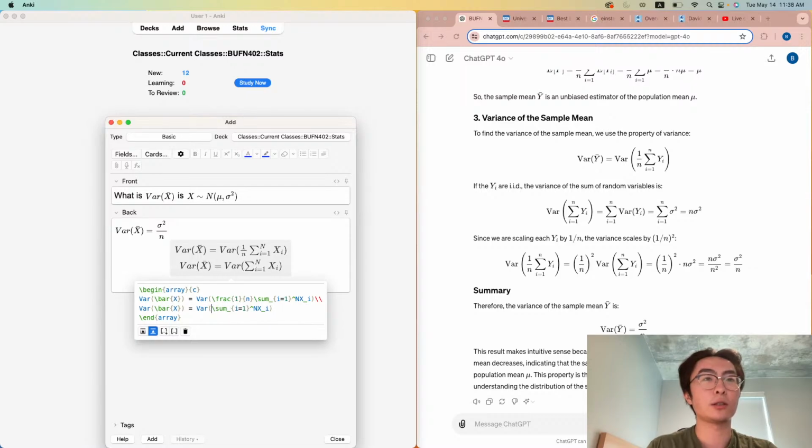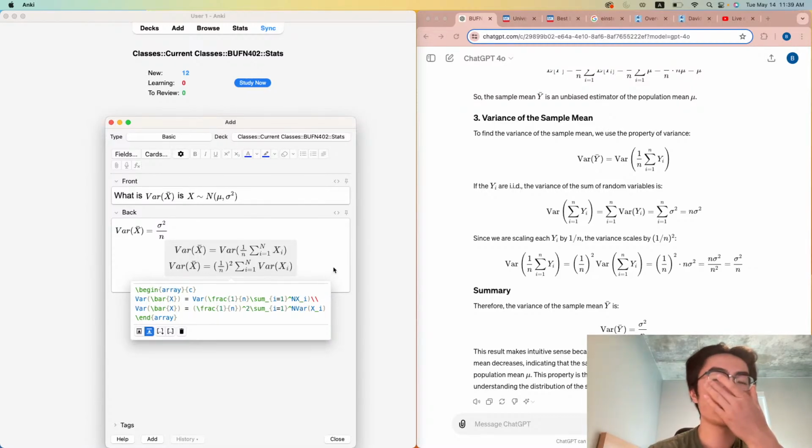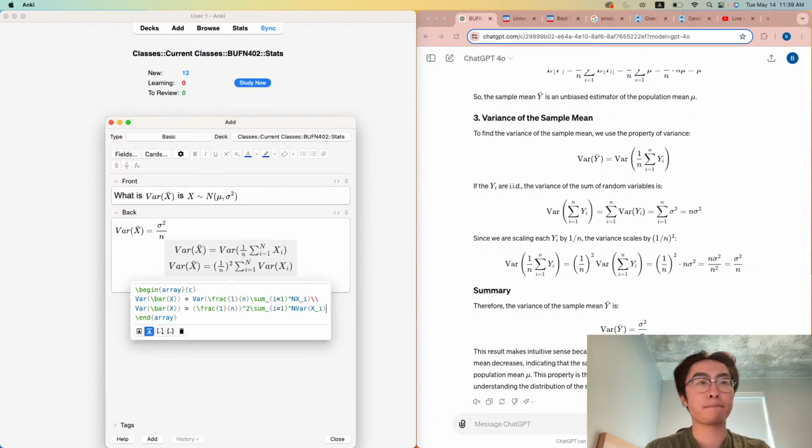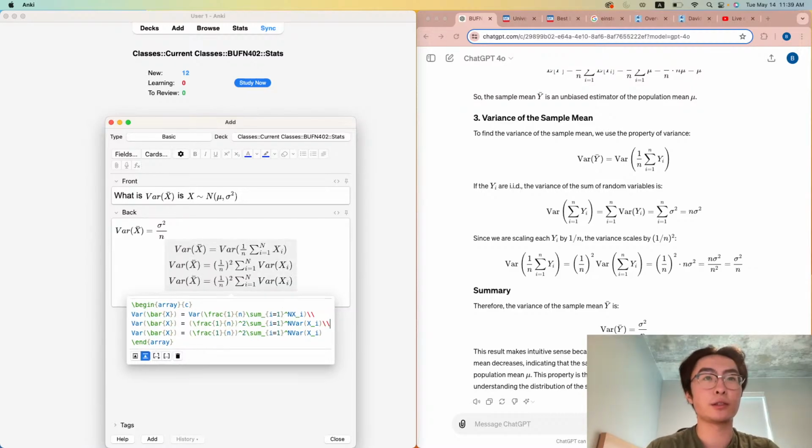So this moves out. We square this term. Variance of, so this is equal to n times sigma squared.